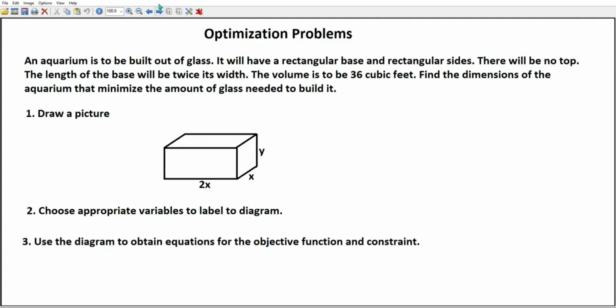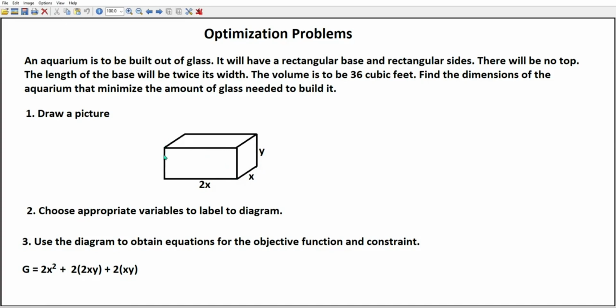The next step is to use the diagram to obtain equations for the objective function and the constraint. Okay, the objective function is the thing we're trying to either maximize or minimize, and here we're trying to minimize the amount of glass used, so we need an equation for the amount of glass. The base is x times 2x, so the glass that we're using for the base is 2x squared.